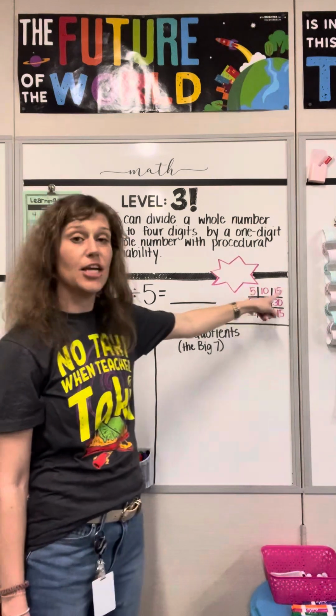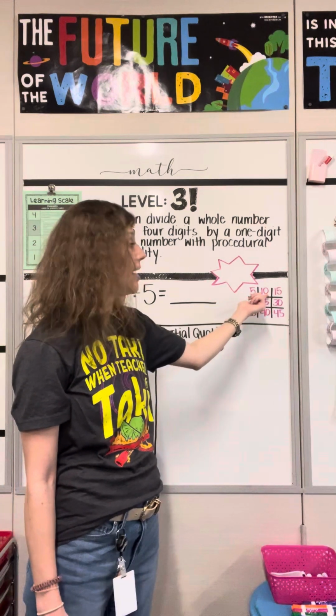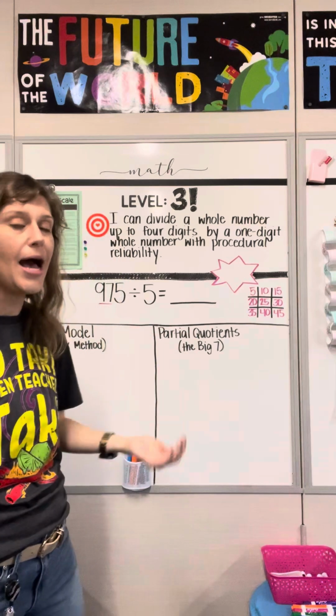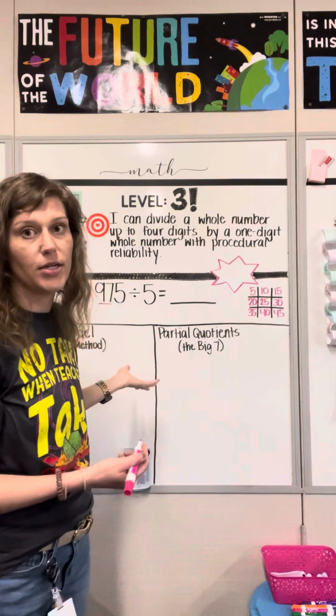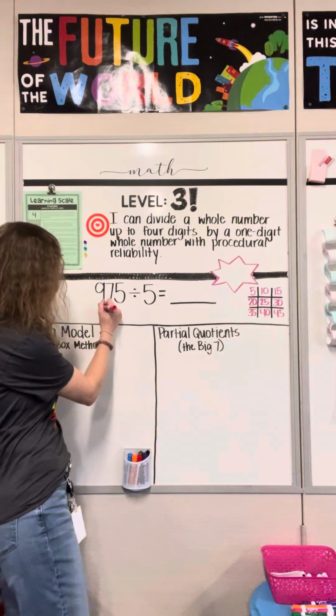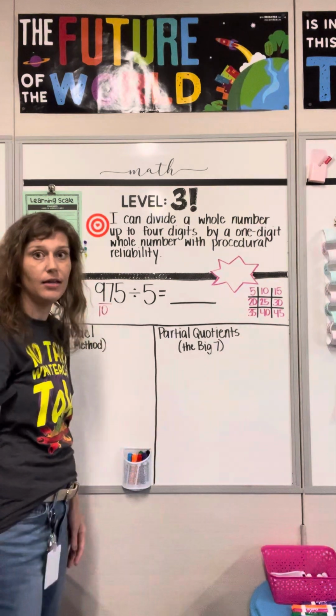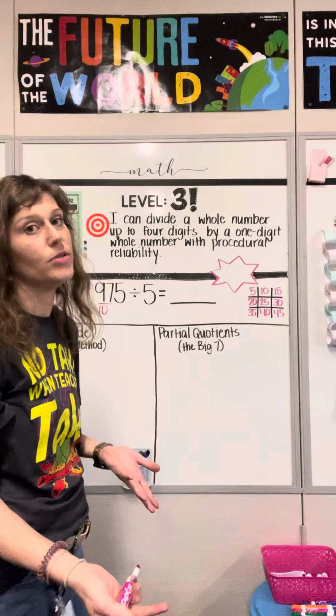So if we look at here, how close can we get to 9? 10 is right there. So we're going to use 10 as a compatible number, meaning a number that 5 can go into since it can't go into 9. So it's compatible. We're going to use 10 to get a close estimate.